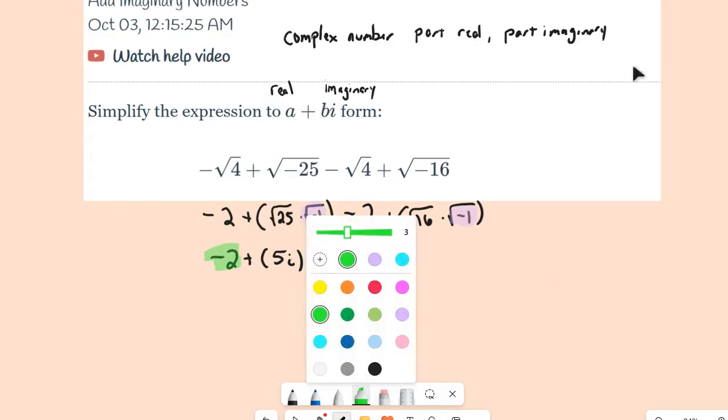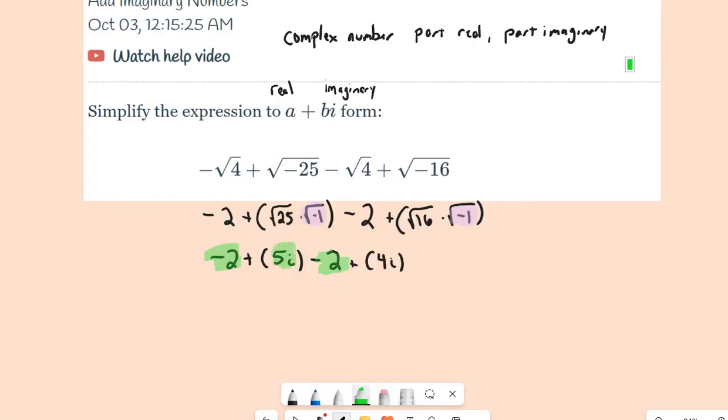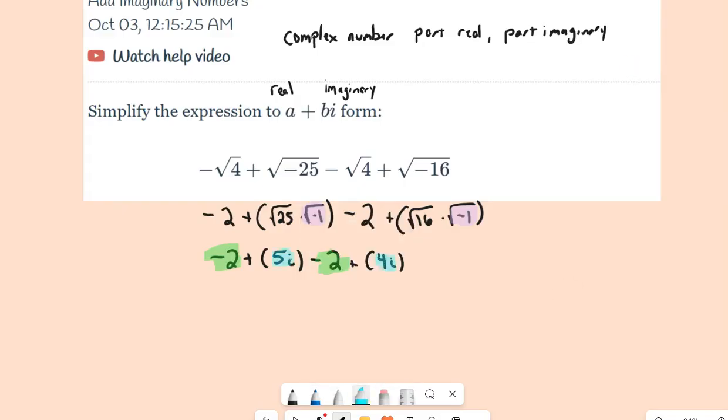And then they're also here. 5i and positive 4i. So when we combine these, we're going to have negative 4 plus 9i. And now it's perfectly in a plus bi form.